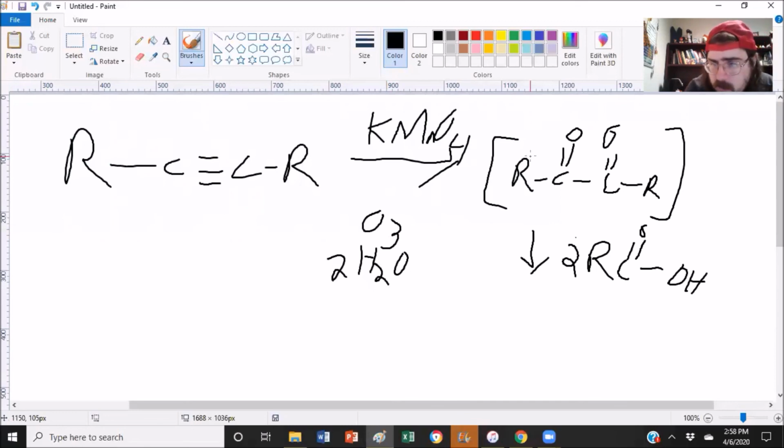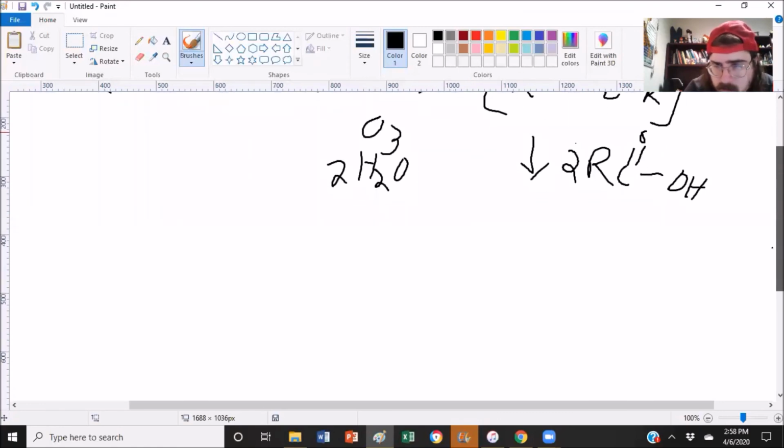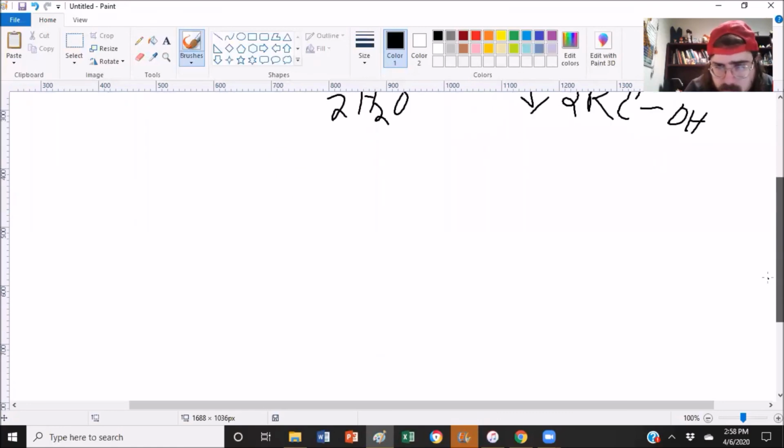This is the last one we'll talk about, and I'll maybe call this class a little early, just so we end up on a good ending point. So oxidation of alkyl substituents of a benzene.